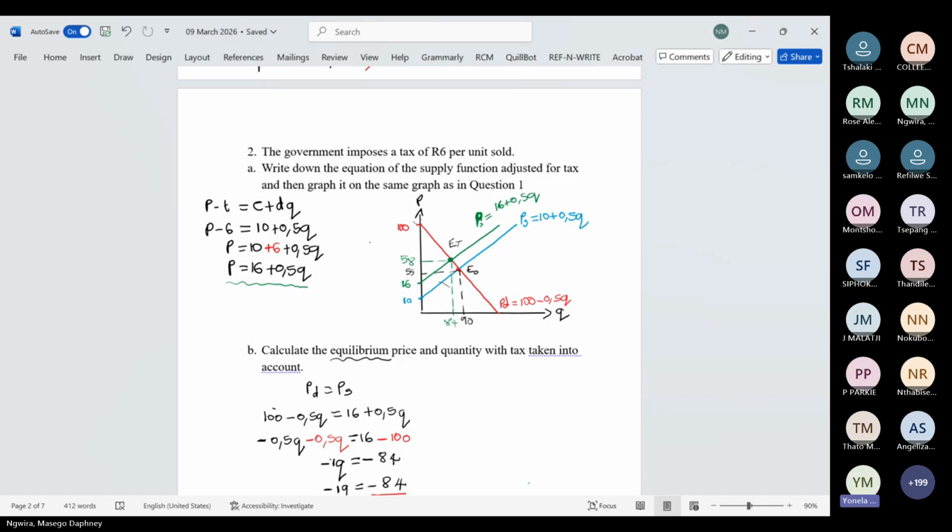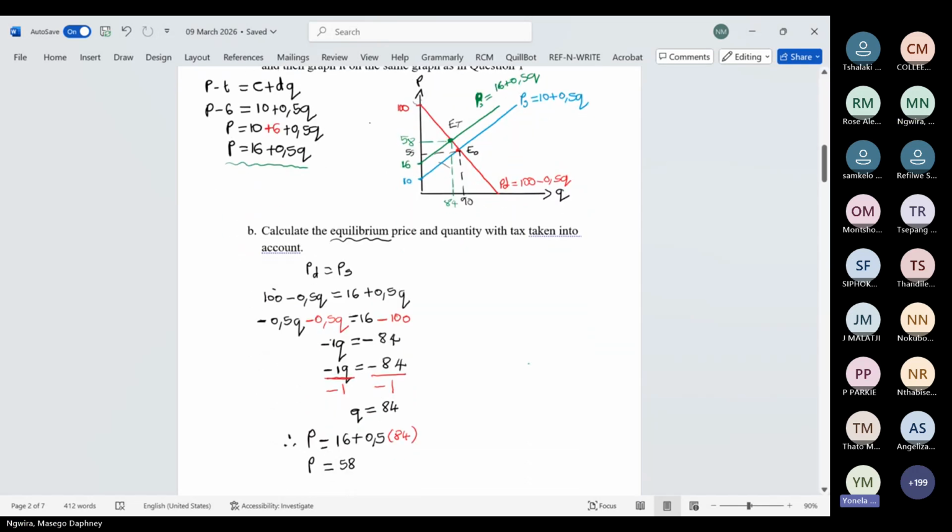Can I ask a question on the B answer that we just did? The last part of it, you have a therefore, and you use the formula for the supply function. Will you be penalized if you use the demand function because they will give you the same answer anyway? No, we won't be penalized, because immediately when you equate, it means that whatever I get here, I can use it on either one of the equations because they're equal.